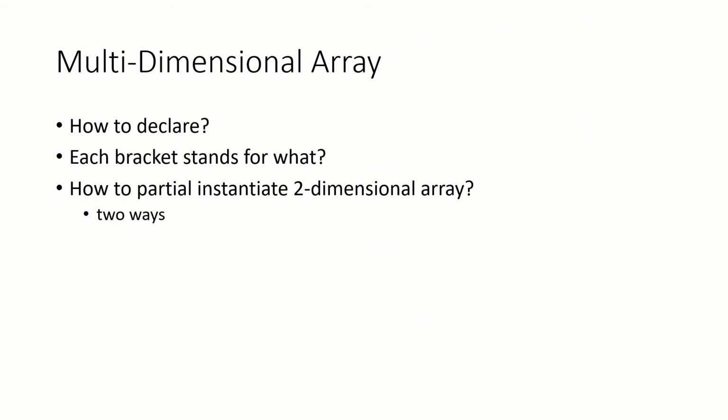How to partially instantiate a two-dimensional array? There are two ways.